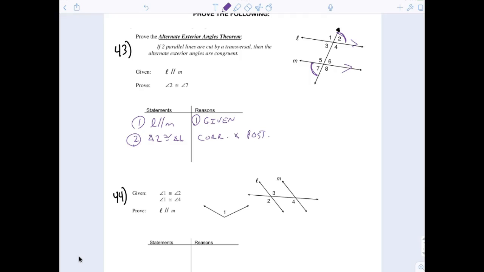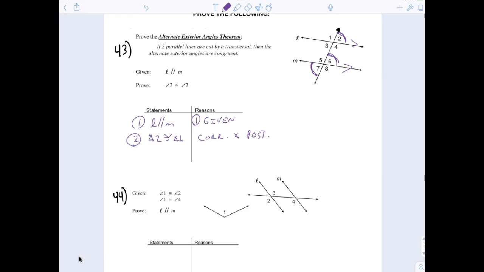I would write corresponding angles are congruent. That's perfectly fine. You don't have to tell me if it's a postulate or a converse. Now I have 2 is congruent to 6, 6 is congruent to 7, vertical angle theorem. And then 2 is congruent to 7 by substitution. Is that what you wrote?